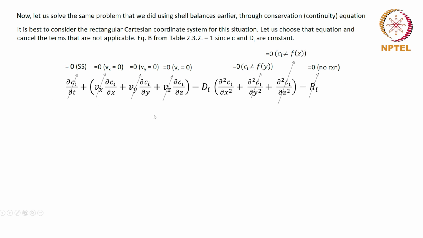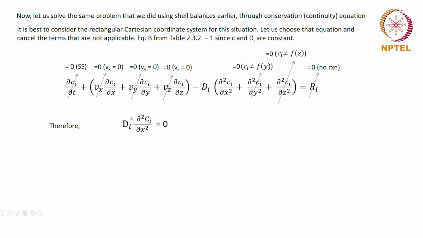So in one single swell step, just by taking the comprehensive equation and cutting out the various terms that are not applicable, you don't have to remember this, you just write down from the table, and in one step we got this equation that we derived through shell balance over various different steps in the previous case.